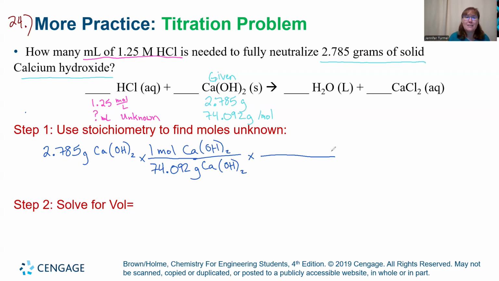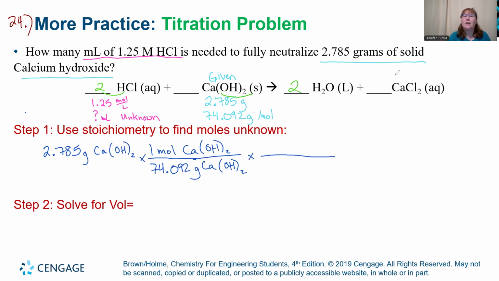Oh, look at that. I forgot to balance it first. Total rookie mistake. Okay, so now in this one, see how we have 2 hydroxides? That means that we're going to need 2 hydrogens. 2 hydrogens and 2 hydroxides make 2 waters.